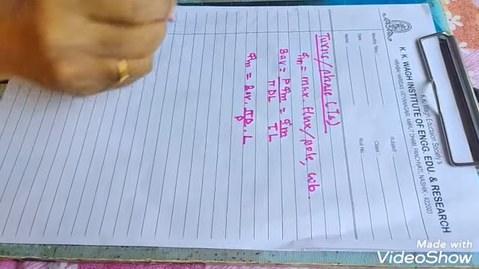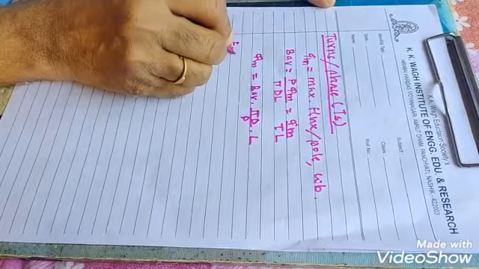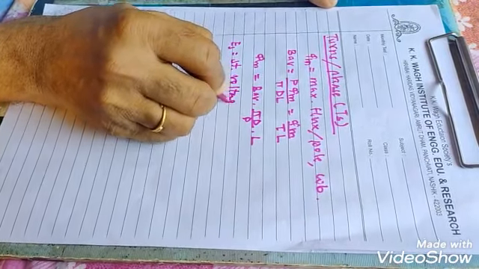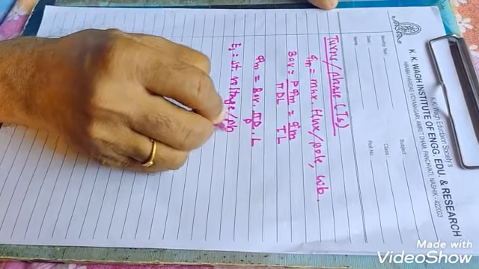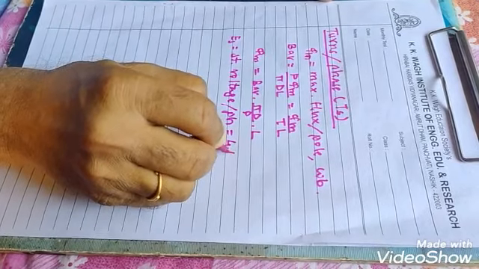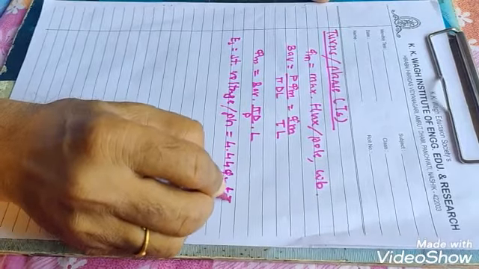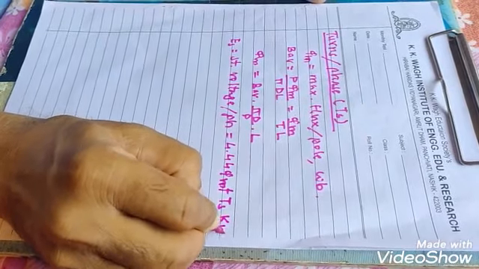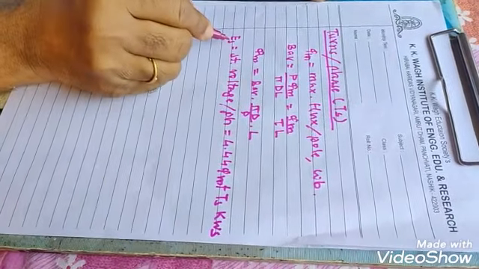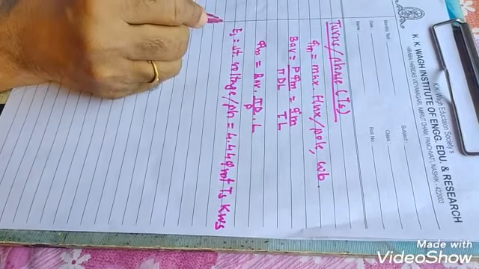Now we have stator voltage per phase. Let ES be the stator voltage per phase, and this is equal to 4.44 phi m f Ts Kws. This is the counter EMF induced per phase.